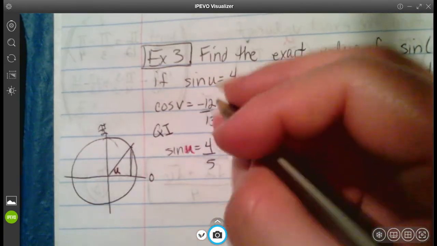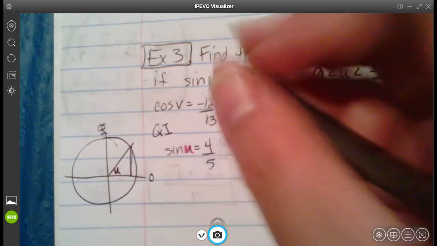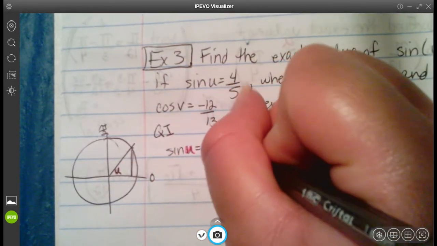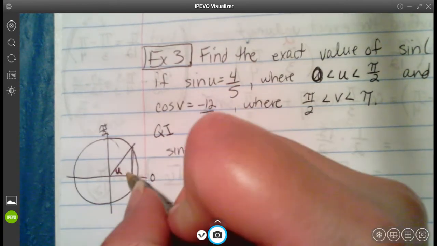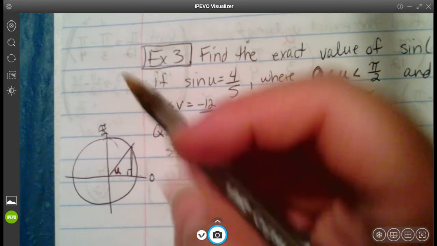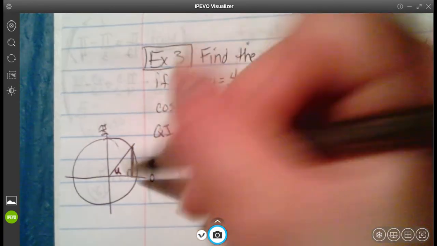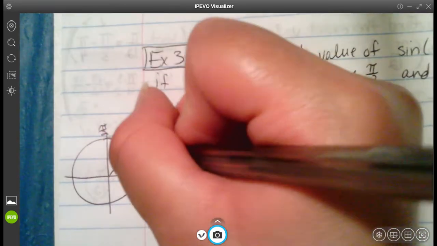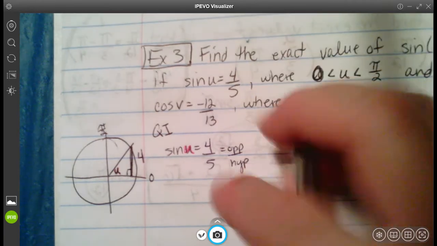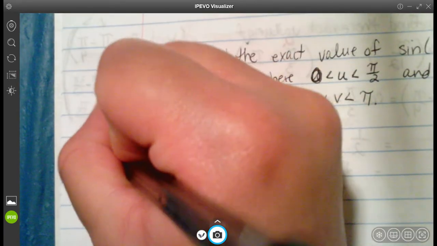Okay, and we know that sine is equal to opposite over hypotenuse. So that means, remember this is my right angle, opposite of this guy, my y value here is 4. Okay, and my hypotenuse is 5.